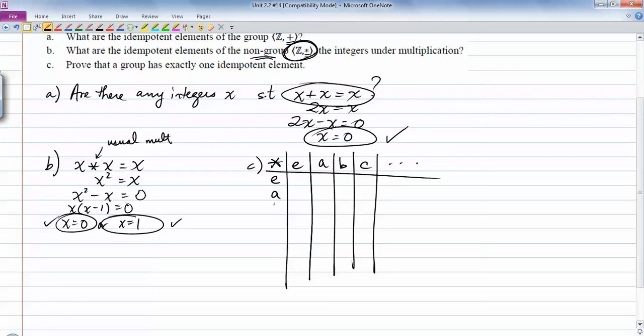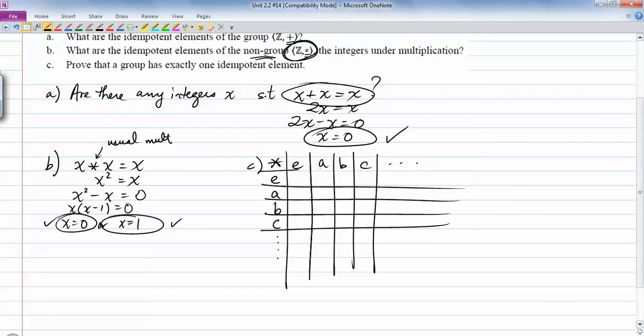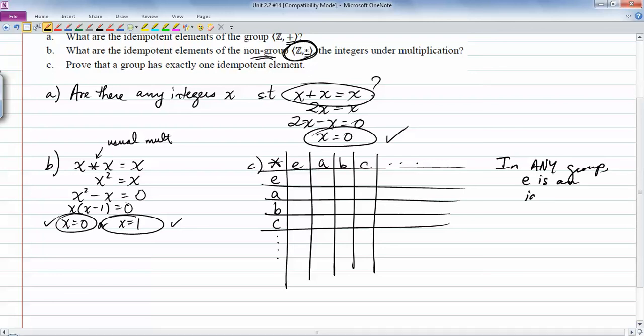E, A, B, C, dot, dot, dot. All right. Fix this one a little bit. Okay. Well, in any group, E is an idempotent element.